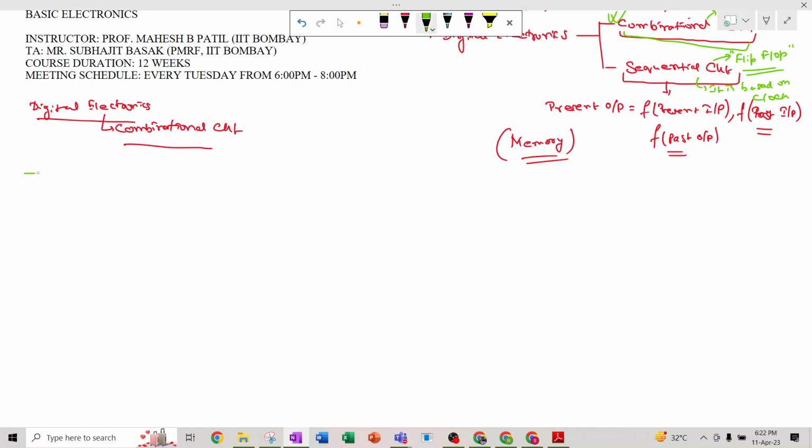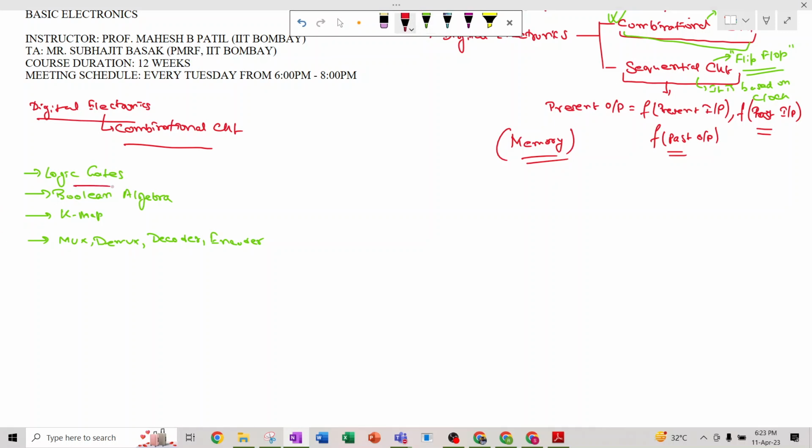First, we want to discuss some logic gates, and then we will do some Boolean algebra, then some K-map problems, and then basic things like the multiplexer, demultiplexer, decoder and encoder. These all come under the combinational circuit part. I will start one by one.